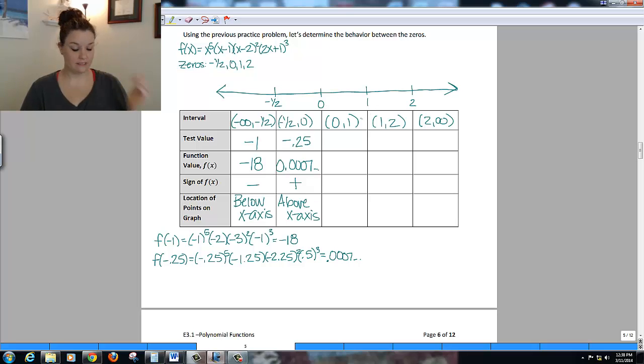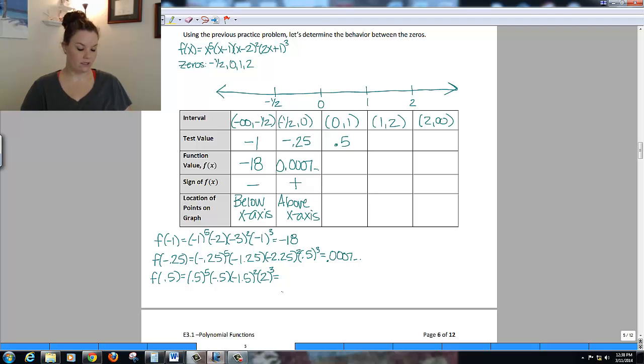A number between 0 and 1, I'm just going to pick a half, and I'm going to write it as 0.5. So I'm going to plug in f of 0.5. When I plug 0.5 into my function, I'm going to get 0.5 to the 5th times 0.5 minus 1, which is negative 0.5, times 0.5 minus 2, which is negative 1.5, and that one's squared, times 2 times 0.5 is 1, plus 1 is 2, and that one is cubed.